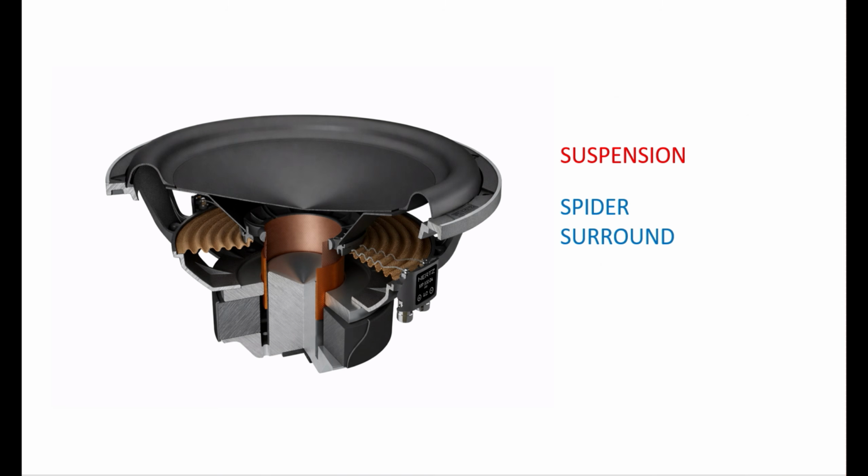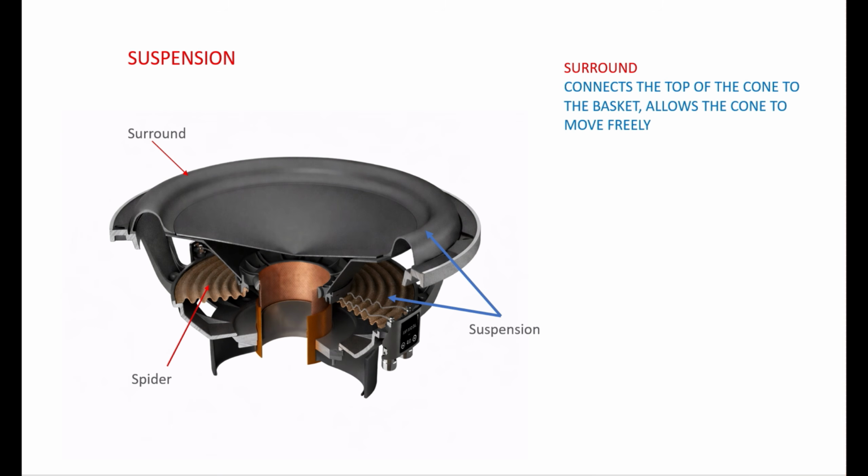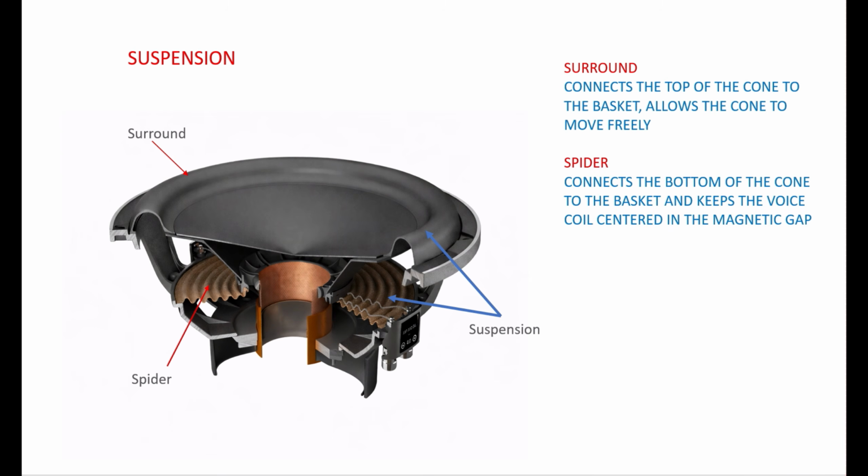And then we move on to the speaker suspension, which is made up of the spider and the surround. The surround we just had a quick look at, that's the part that connects the top of the cone to the basket and allows the cone to move freely. And the spider is this fluted material piece at the bottom that connects the bottom of the cone to the basket.